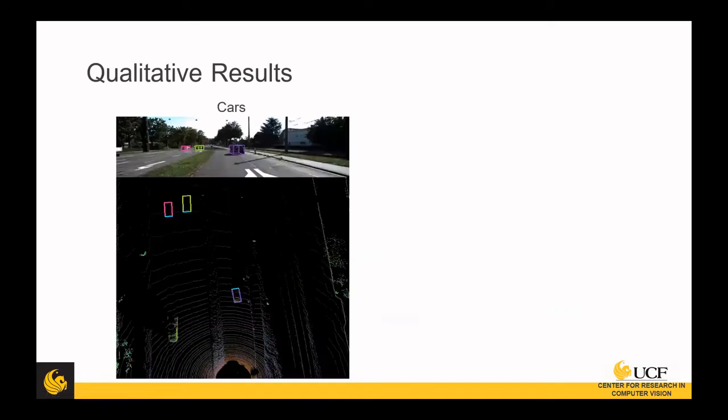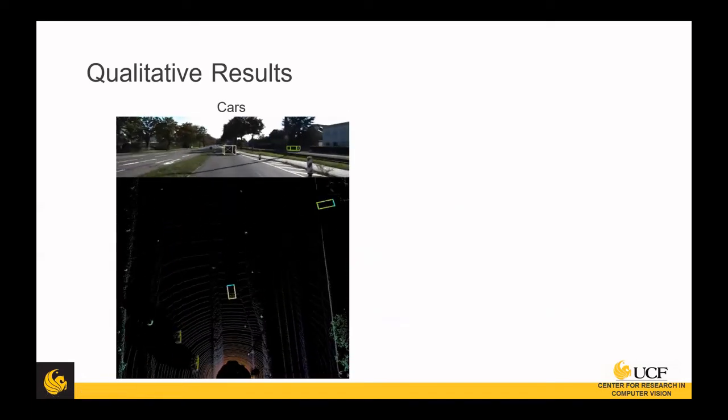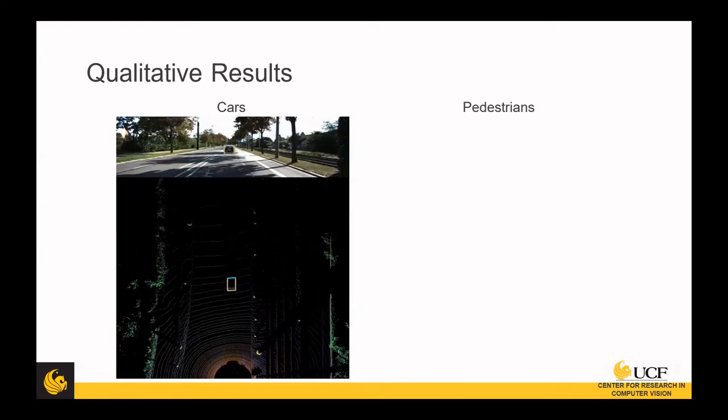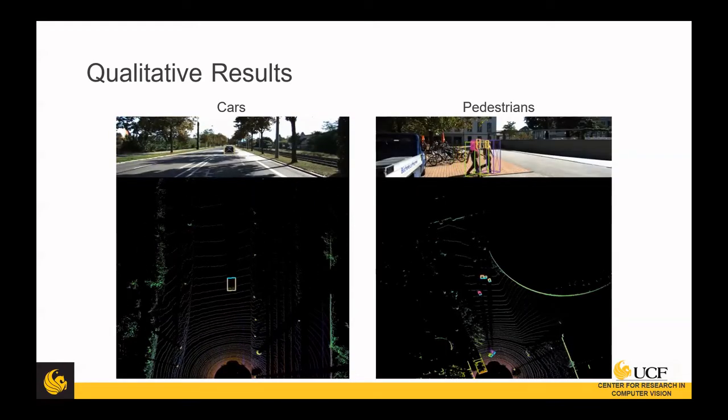And it works pretty well. So this is the results for the KITTI data set. And then this is for pedestrian. It works pretty well. Actually, this got an award last year in a CVPR workshop.